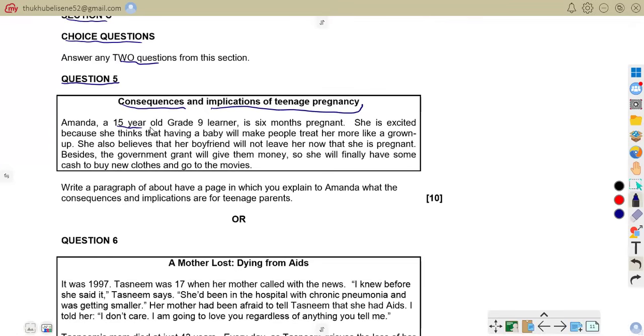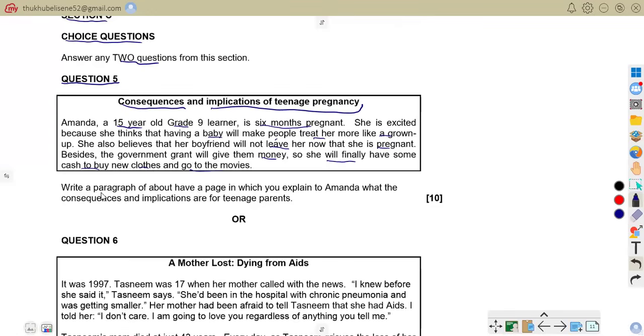Amanda, a 15-year-old grade 9 learner, is 6 months pregnant. She's excited because she thinks that a baby will make people treat her more like a grown up. She also believes that her boyfriend will not leave her now that she is pregnant. Besides, the government grant will give her money, so she will finally have some cash to buy new clothes and go out.